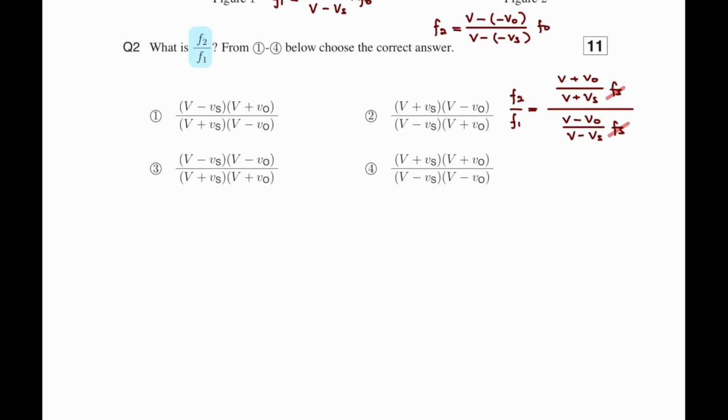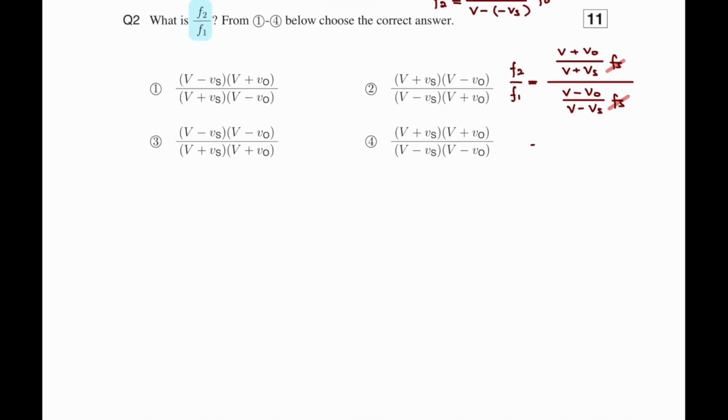If you express this as a single fraction, you will get V plus VO, V minus VS over V plus VS, V minus VO. If you rearrange the position, then our final answer is number 1.